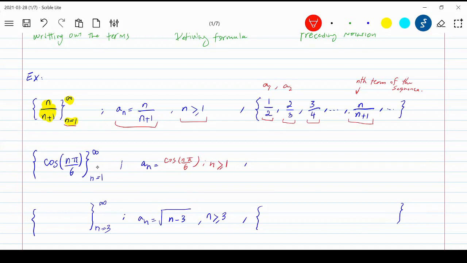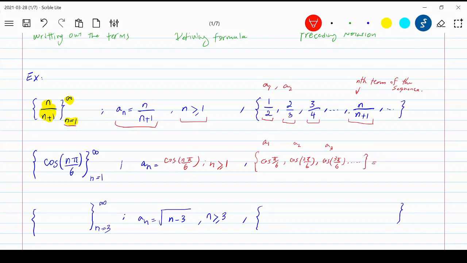So this is quite easy. How about if we want to find the terms of this formula? What would be a1? a1 would be replace n with 1, so you get cosine pi over 6. And a2 would be replace n with 2, so cosine 2 pi over 6, and so on. a3 would be cosine 3 pi over 6, dot dot dot, and the nth term would be exactly the same.